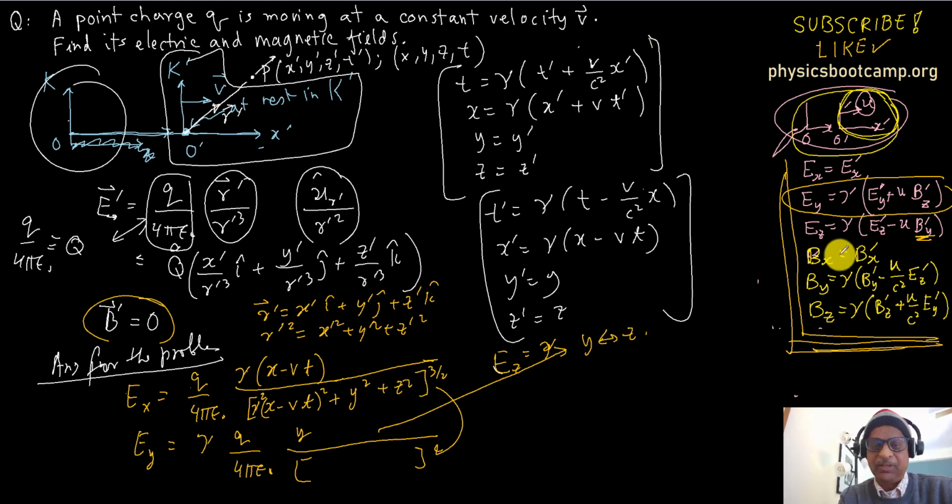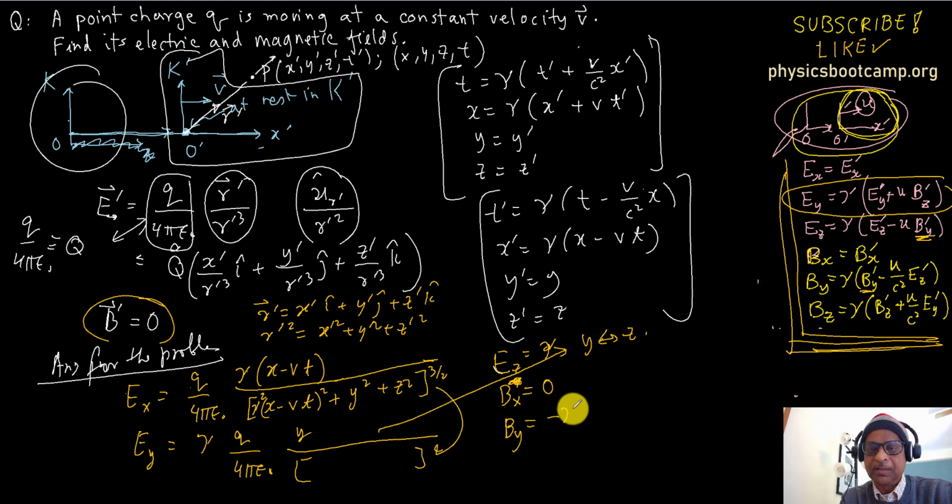How about the magnetic field? Bx will be the same as Bx prime, so that will be 0. And let's look at By. Now this is going to be 0, but this is not going to be 0.